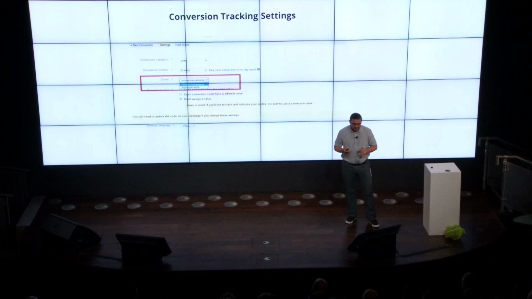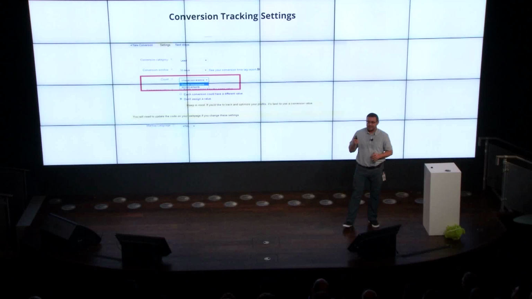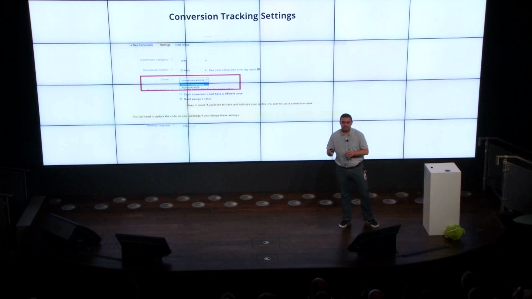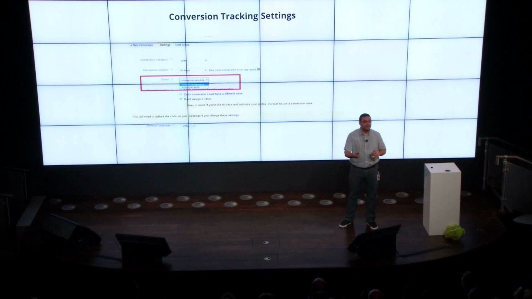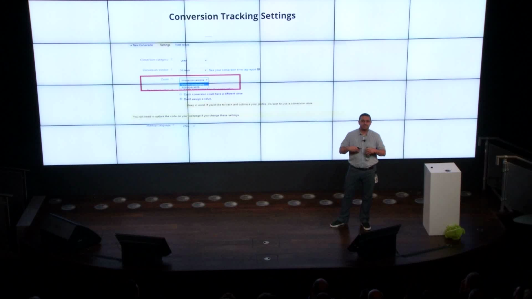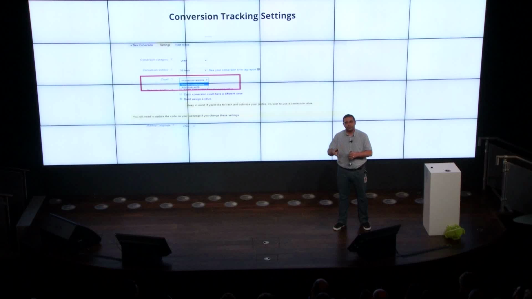The next one is count, whether we should count unique conversions or all conversions. This is very, very important because in most of the accounts I see, especially on retail and travel accounts that have e-commerce on their website, that are getting transactions on their website, they usually look at unique conversions. Unique conversions only track the ad clicks that end up with one or more conversions. There, we're not seeing the number of transactions, but we are only looking at ad clicks that resulted in one or more conversions.